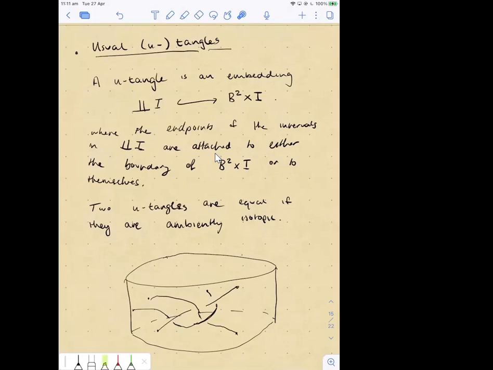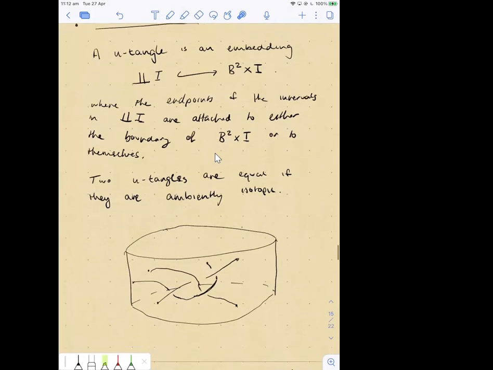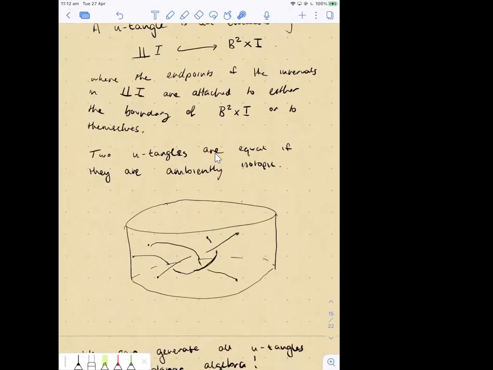So again, if we can push the strands around without intersecting them, then anything we can get by doing that is equal. You can see an example here, badly drawn, where we have the points on the outer edge, and you can see they're tangled together.